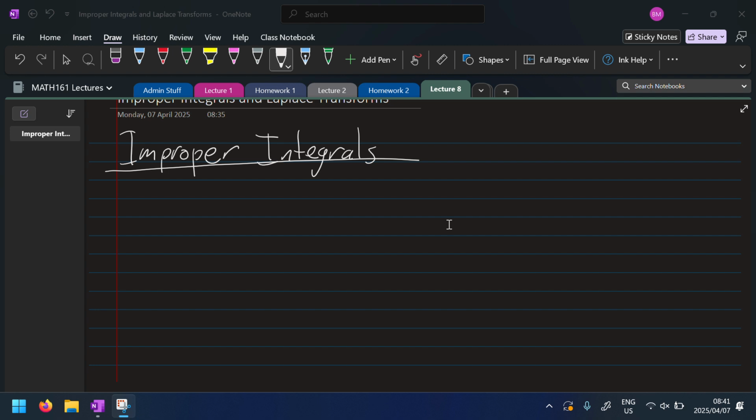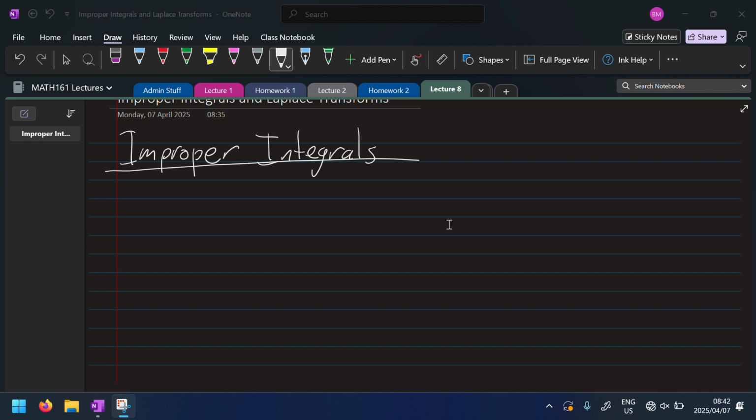Type 2 is if the function is discontinuous. Like 1 over x, there's the asymptote there, or 1 over x squared or something like that. Whenever you have an integral with some sort of asymptote, that's going to be a type 2 improper integral, and we're going to look at how to deal with that.